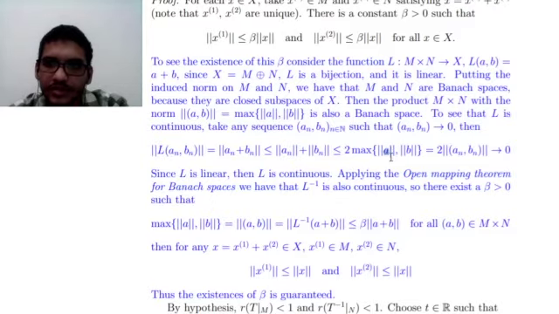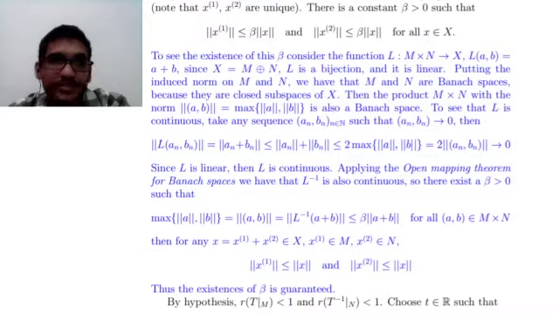Remember, I made a mistake here, this is an and bn, okay? And this goes to 0, so since L is linear, this shows that L is continuous, okay? Remember that for a linear operator you need only to show the continuity at 0 to show that it is continuous, because it is linear.